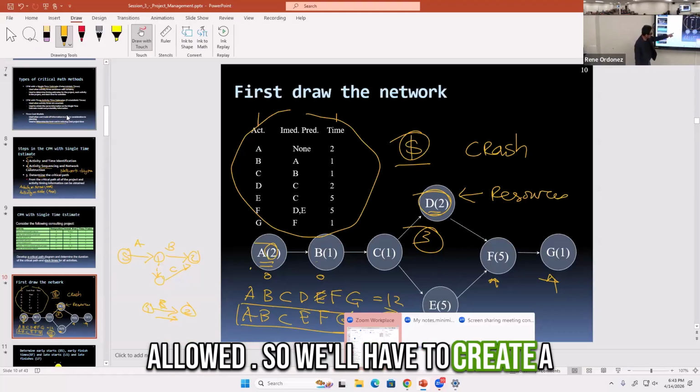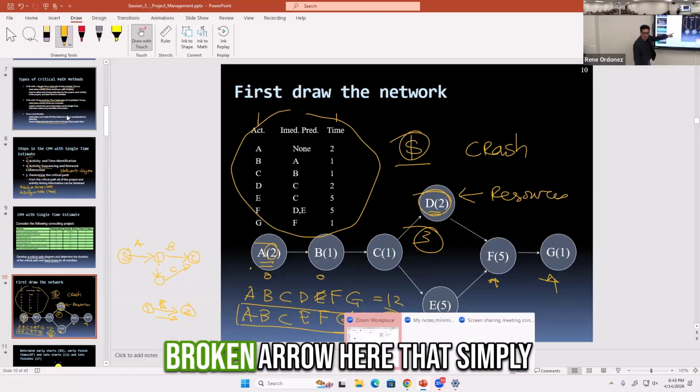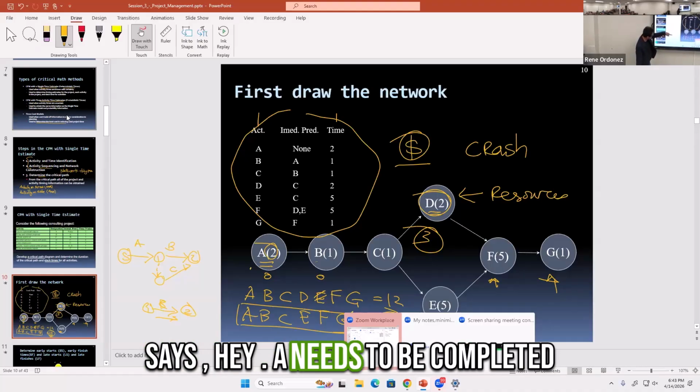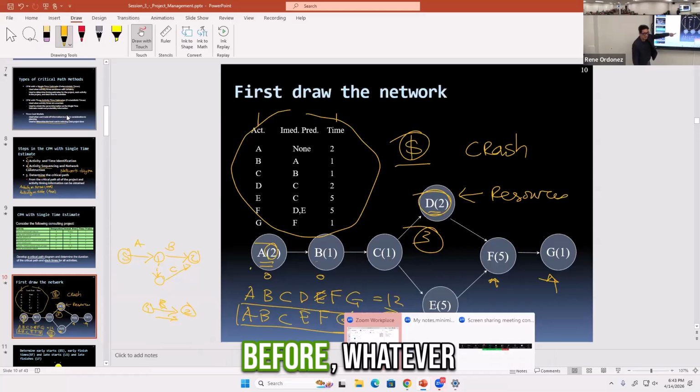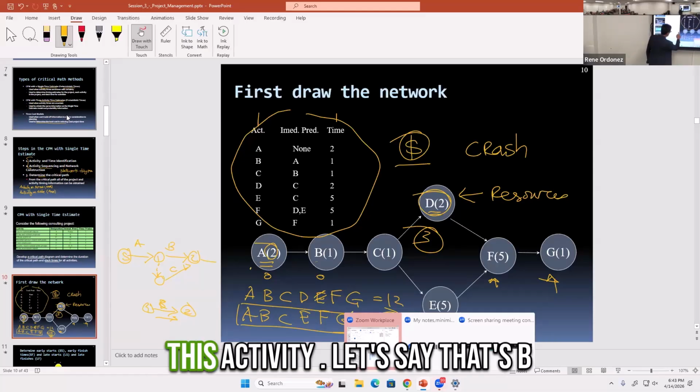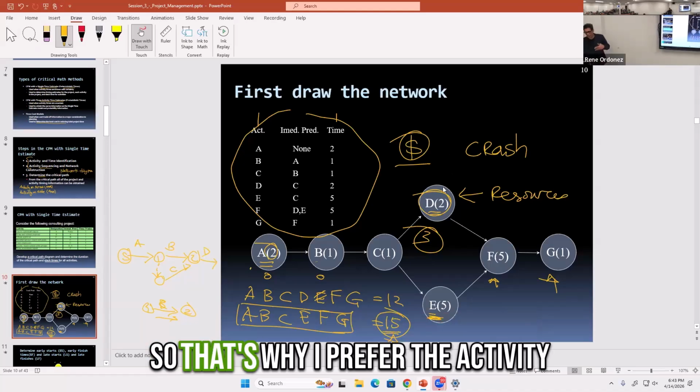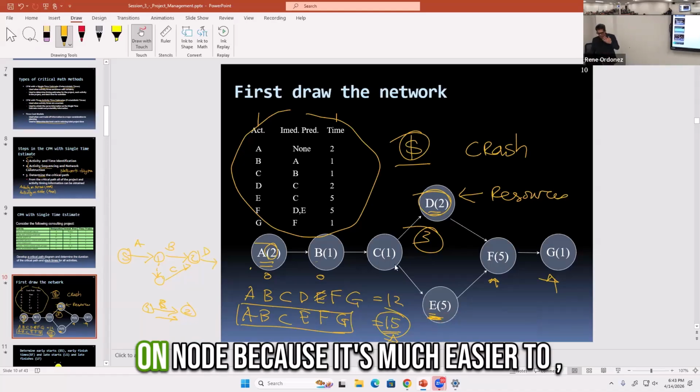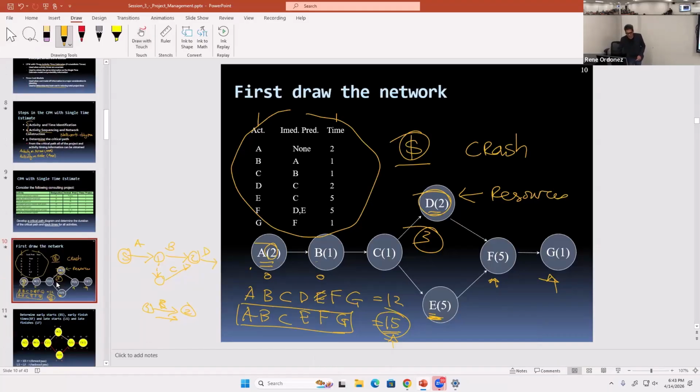So we'll have to create a broken arrow here that simply says, hey, A needs to be completed before this activity, say that's B. So that's why I prefer the activity on node, because it's much easier to use.